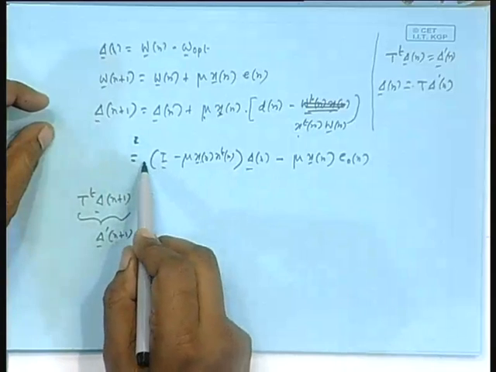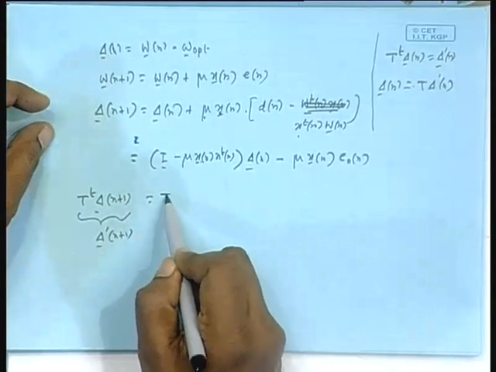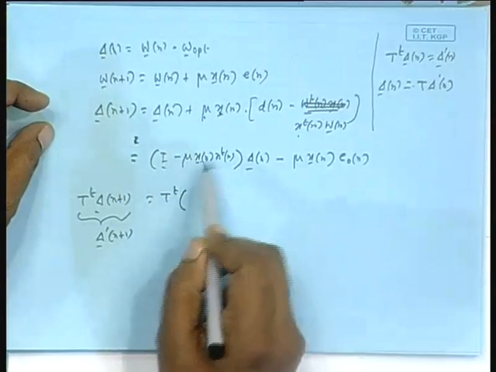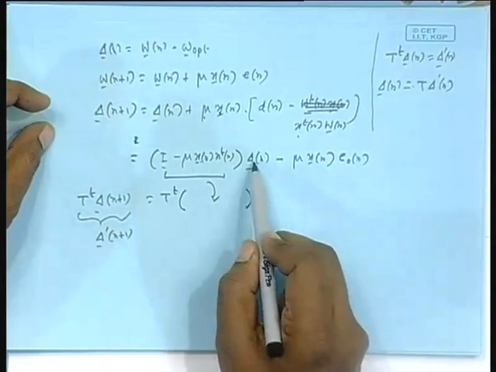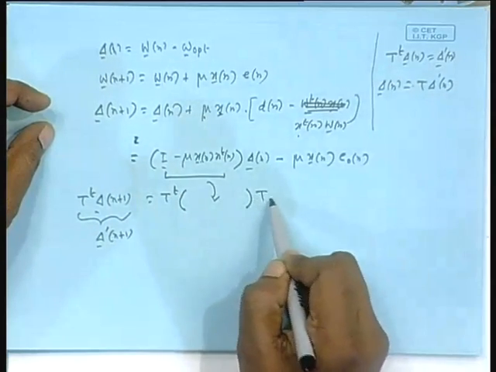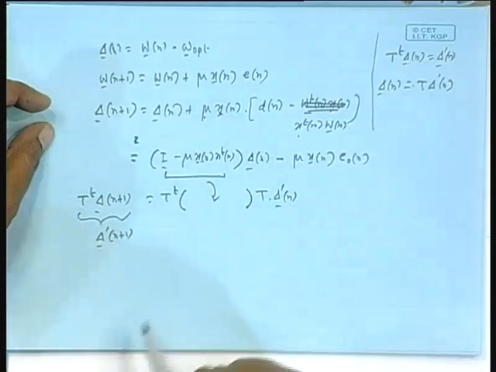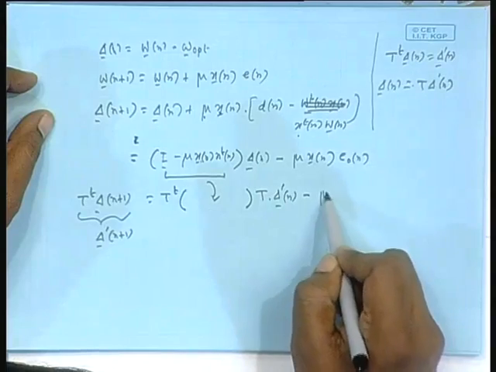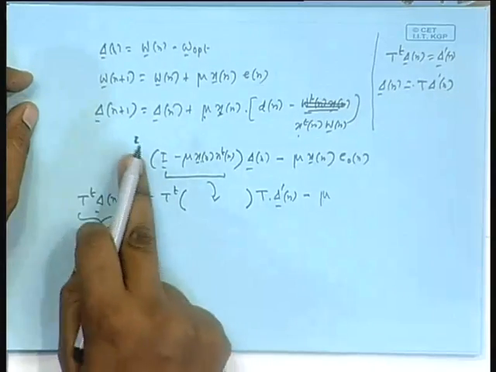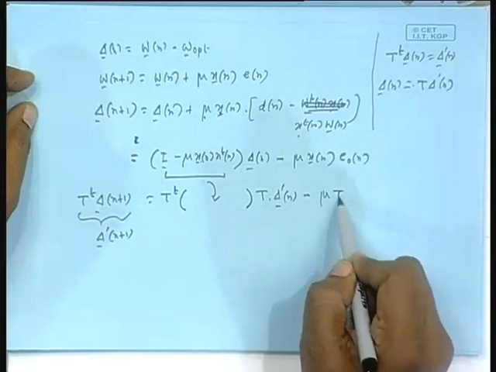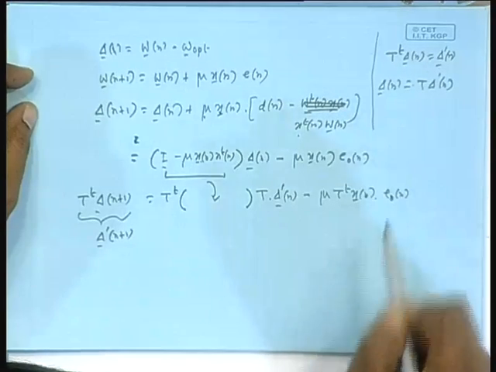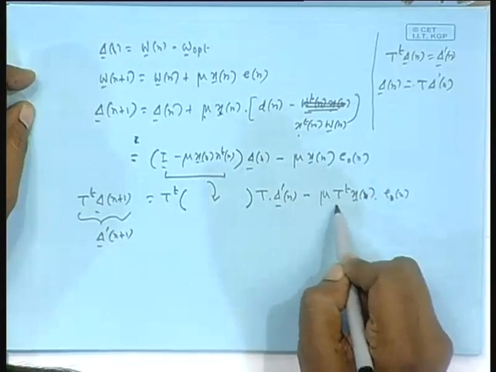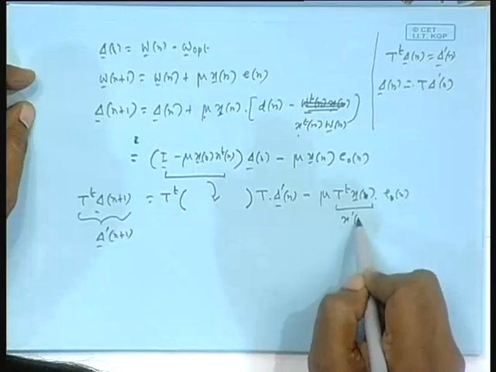So T transpose will come here, this entire thing comes here, but delta n I will write as T into delta prime n, minus mu, again I multiplied from the left by T transpose. I have to multiply this also by T transpose, and E O n is a scalar, it remains as it is. This quantity by my definition is x prime n.